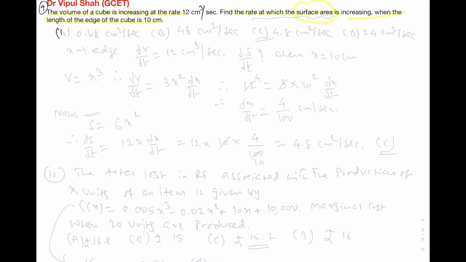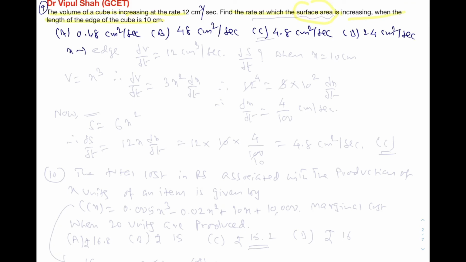So here the options given are 0.48 centimeter square per second, then 48 centimeter square per second, then 4.8 centimeter square per second, and 24 centimeter square per second.